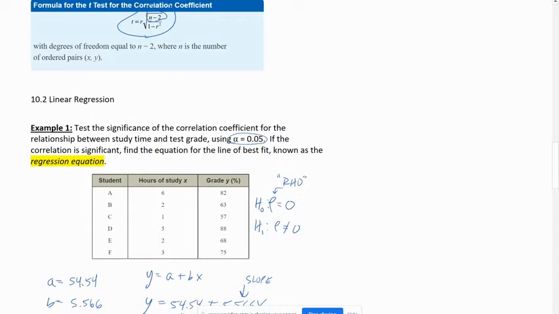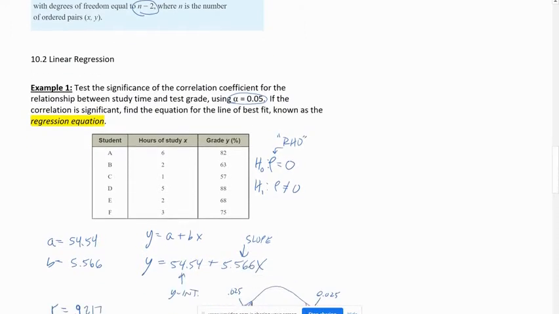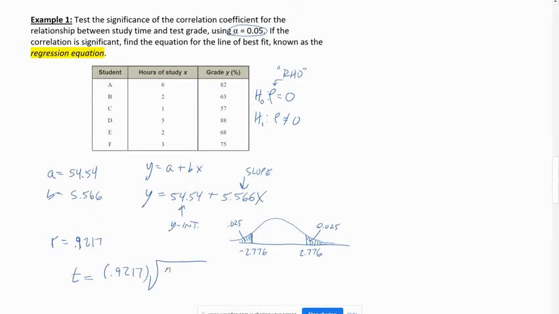Notice that n minus 2 is also our degrees of freedom. We have 6 data items in our list, so n minus 2 would be 4. And then we're going to divide by 1 minus r, which again is 0.9217.